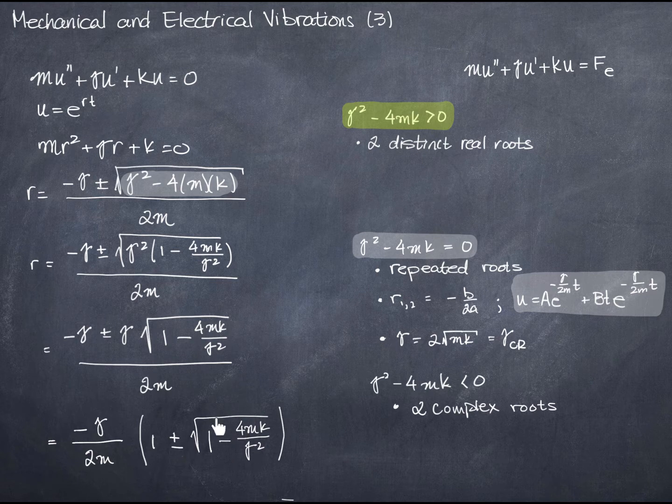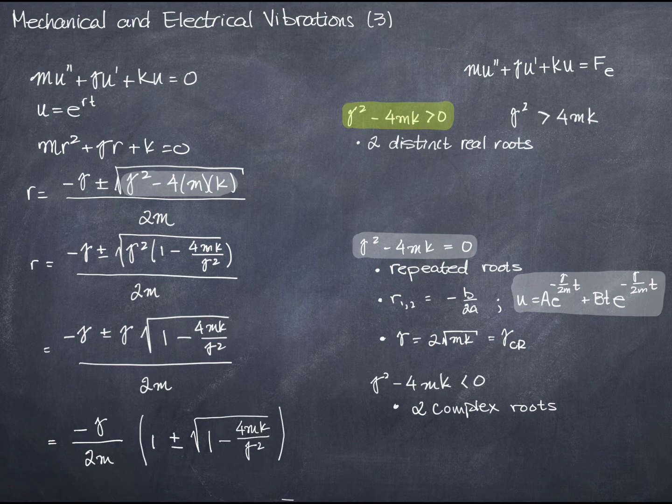Okay, there are a few things we can observe about this version of our solution to the quadratic equation, the characteristic equation. One is that if I add 4mk to both sides of this inequality, I get gamma squared is greater than 4mk. So that means that the fraction I have down here, gamma squared, is greater than 4mk.